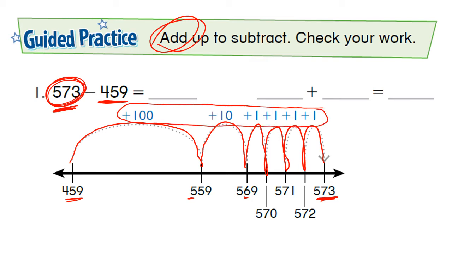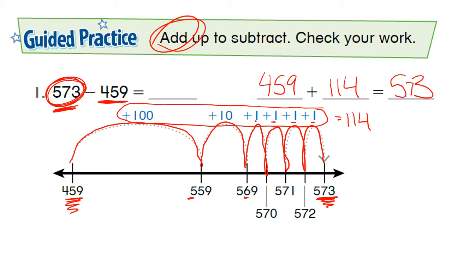We have 100 plus 10 is 110, 111, 112, 113, 114. So 459, the number that I started with, plus 114, because what I hopped equals 114, and I got to 573.